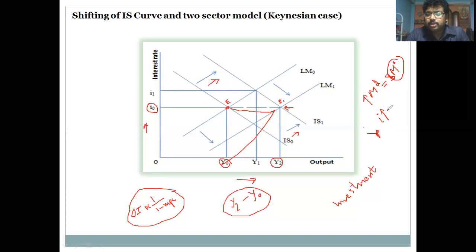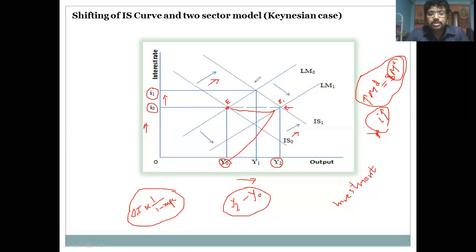If the rate of interest increases, then the demand for money will fall. In that way, there is an equilibrium. So the I0 will increase to I1.